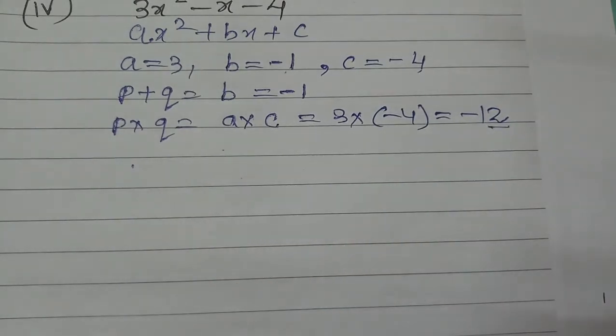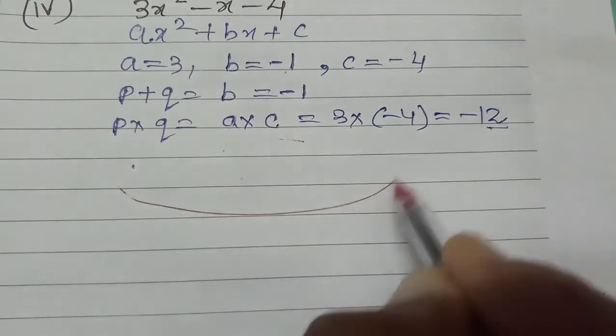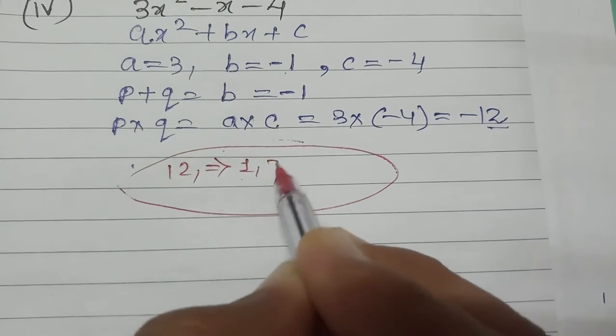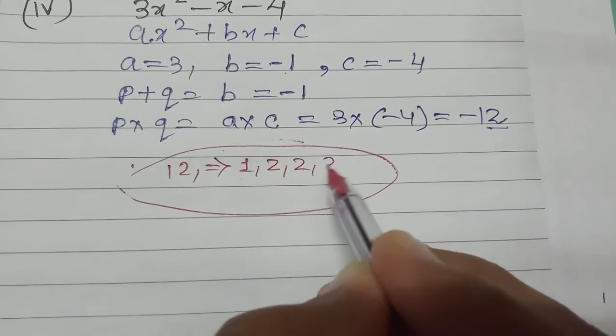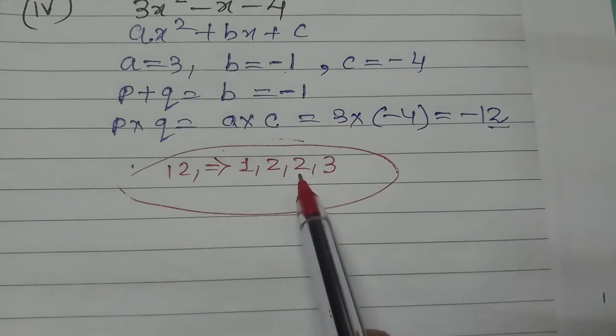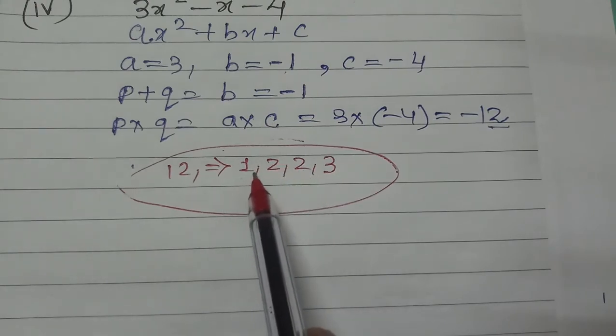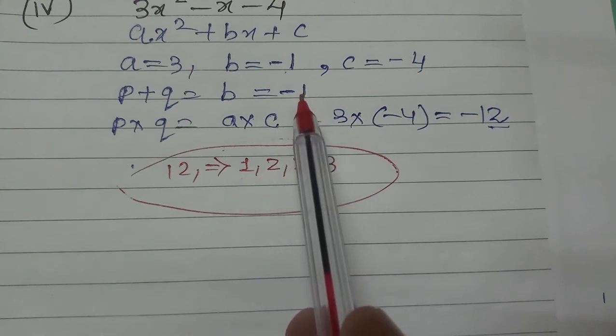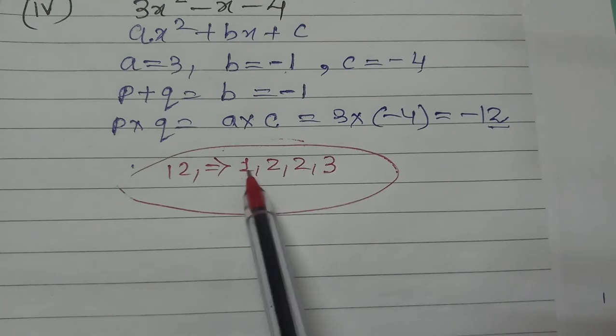Now always we take the factors of the product. So take the factors of 12. What are the factors of 12, children? 1, 12, 2, 6, 3, 4. So out of these numbers, we will convert into 2 numbers. Think that we need minus 1.